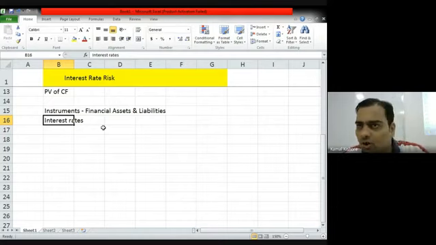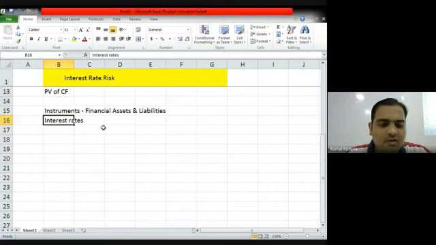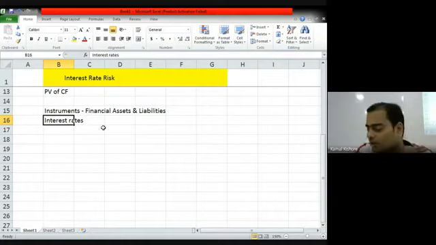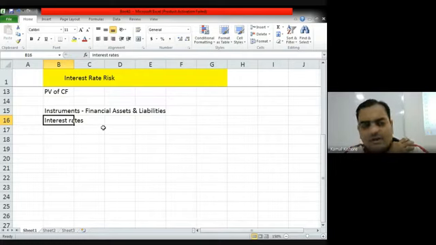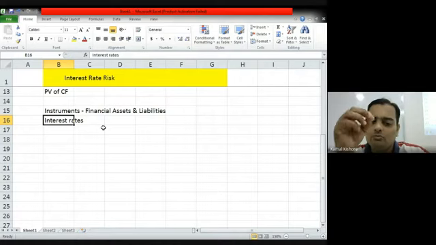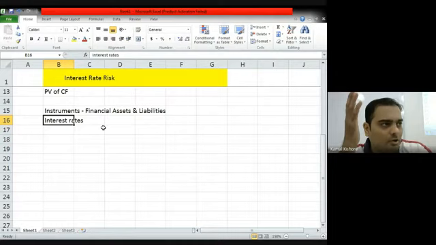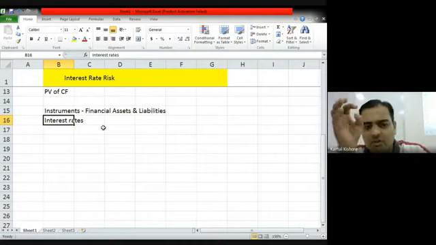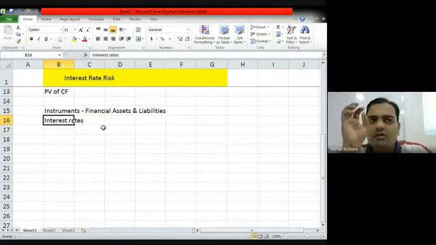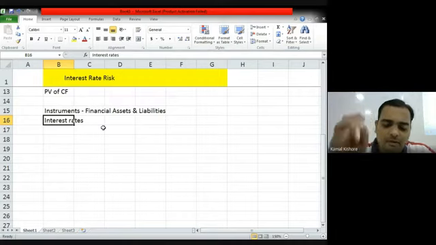Now if I'm holding equity shares, that is not directly impacted by interest rates. It is impacted by the movement in the prices. Interest rates will impact in the very long term, but over a short term they will not directly impact the price of the stock. Interest rate is also one contributor to the movement in prices, but not a major component. Whereas loans, fixed deposit investments, and bonds are a few things which are directly impacted by interest rates.